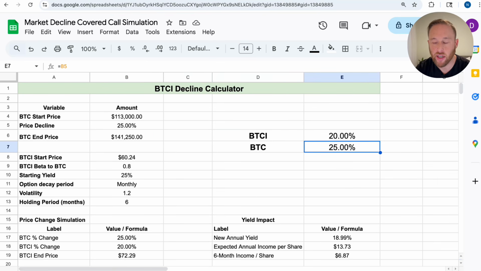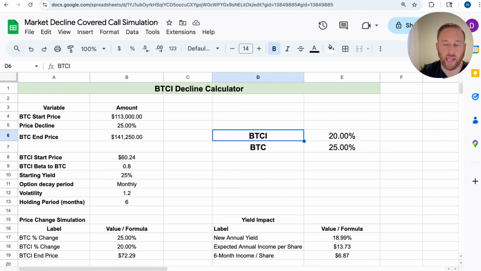So if BTC gains 25%, BTCI would likely get only 20%. So it's a benefit in terms of hedging and protection on the way down, but a deterrent on the way up. But then again, we are income focused investors here, so we are okay with sacrificing a little bit of total returns for the benefit of the income, right?